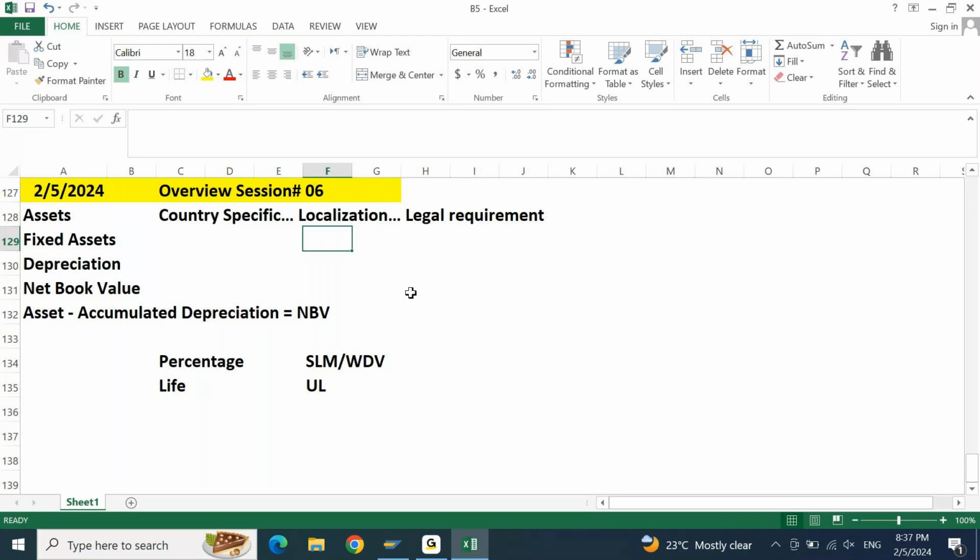When you're able to understand this information, tomorrow when you practice asset accounting in SAP, you're going to do the same thing. Meaning, if country specific localization legal requirement points are not in your mind, whatever you practice with respect to asset accounting is not going to help, because this is not a generic topic like your AP, AR, GL. Because accounts payable, accounts receivable and GL, you can straight away configure and work, as they are not country specific.